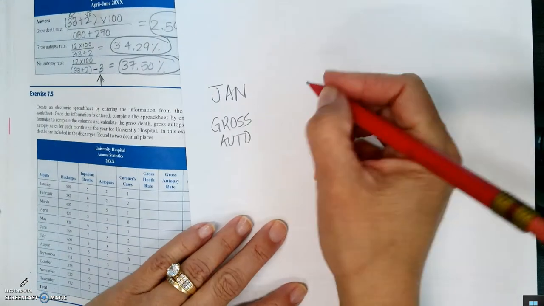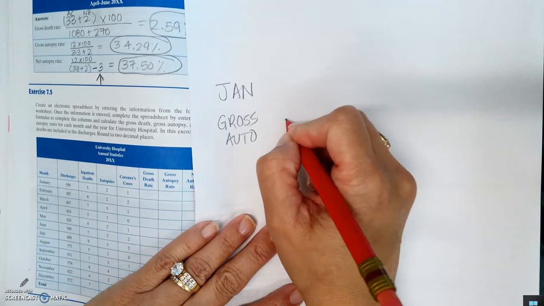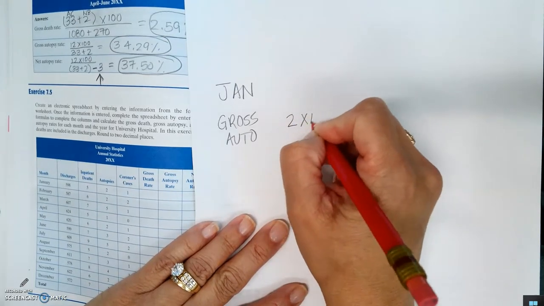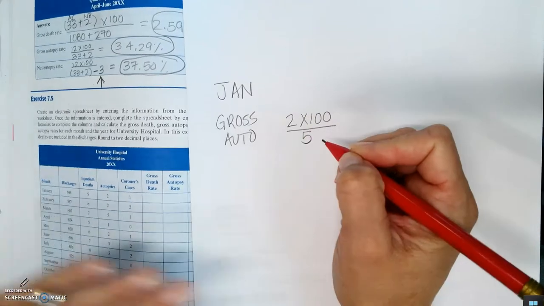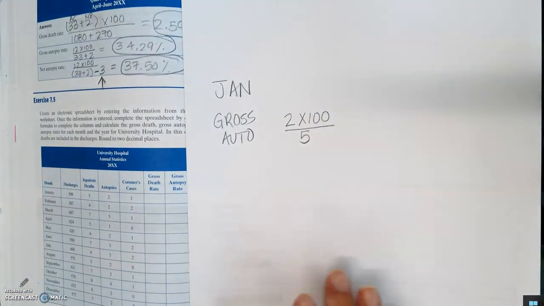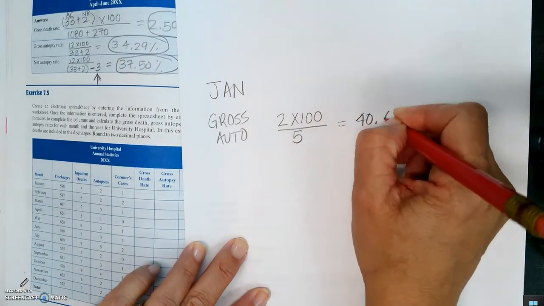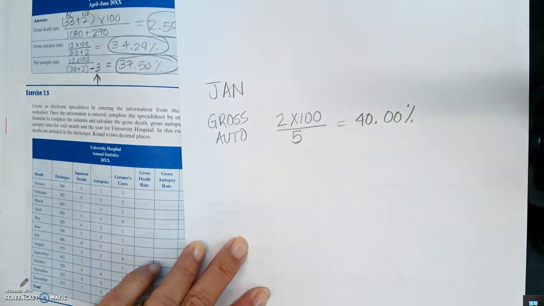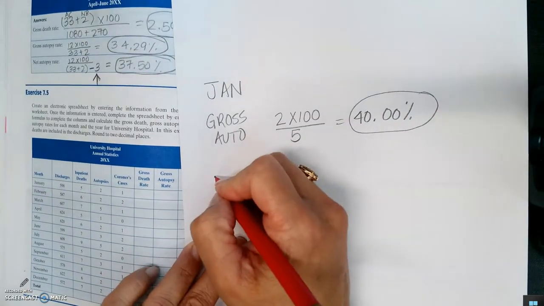We're going to set that up as 2 autopsies multiplied by 100 over the number of deaths, and that should get us 40.00%, right? So 40.0%.